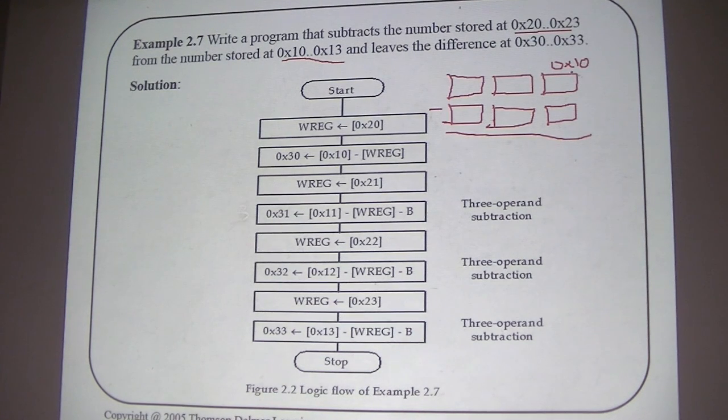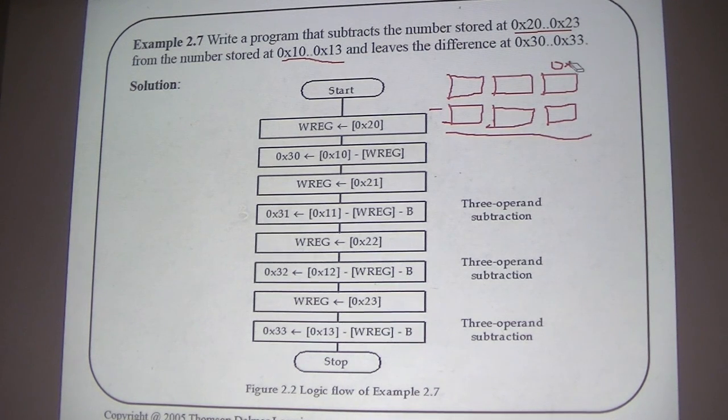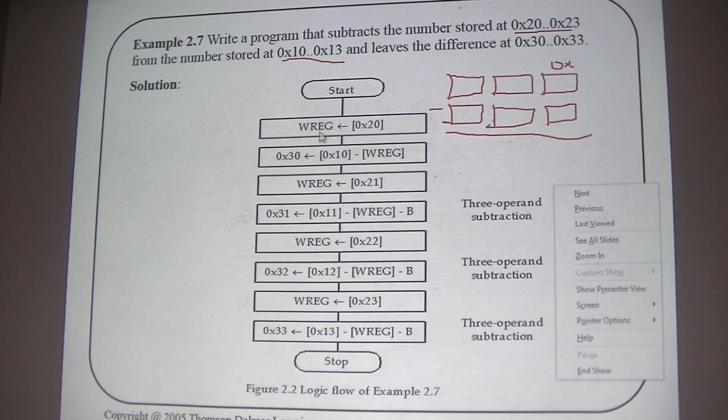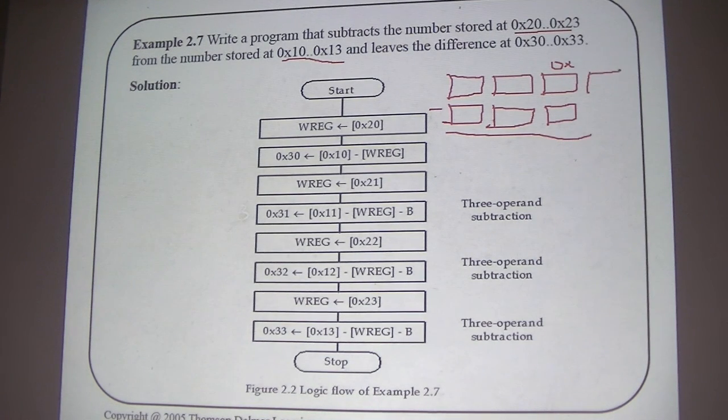Oh, sorry. Again, I made a mistake. Because hex 10 to 13 is 4 bytes, hex 10 will be actually on top, until hex 13, and the bottom one will be hex 20 until 23.